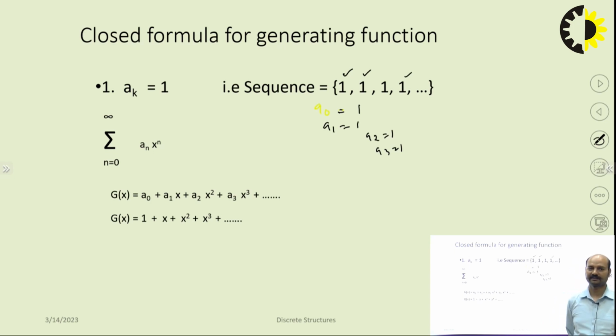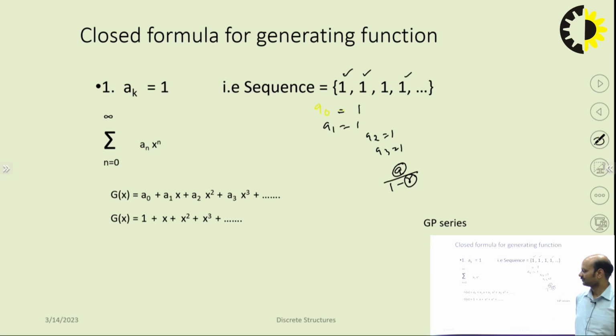We check that this series is a GP. What is the sum of a GP series? If the number of terms is infinite, it is a upon 1 minus r, where a is the initial value and r is the ratio.